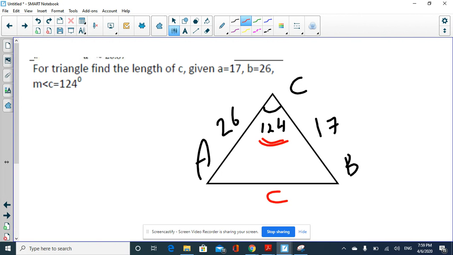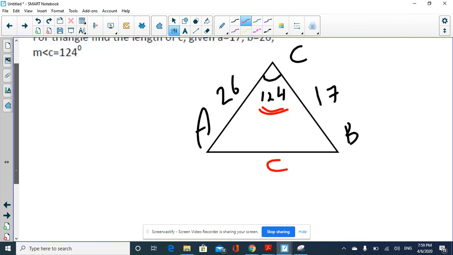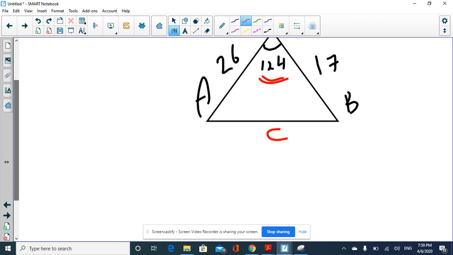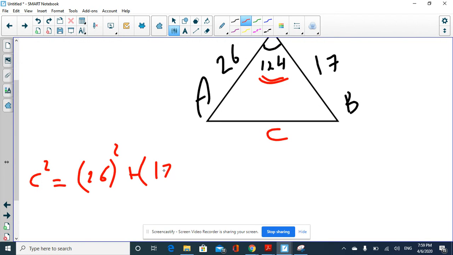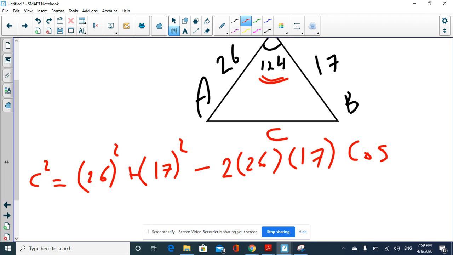So c squared equals 26 squared plus 17 squared minus 2 times 26 times 17 cosine the included angle, cosine C, which is 124.